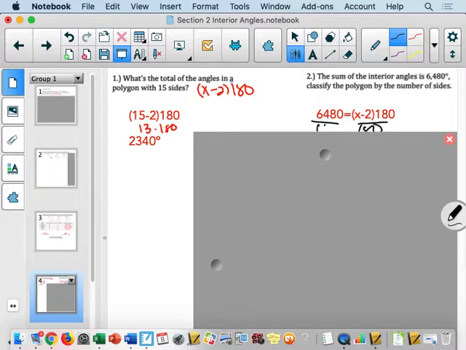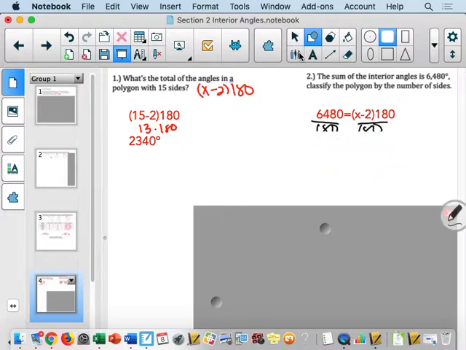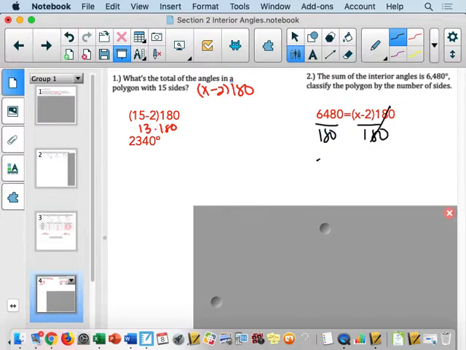What do we get when we do that? 36. That's a very quick method here. So we get 36 equals x minus 2.